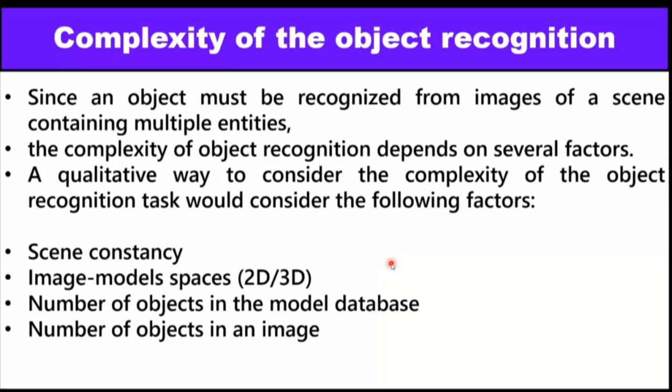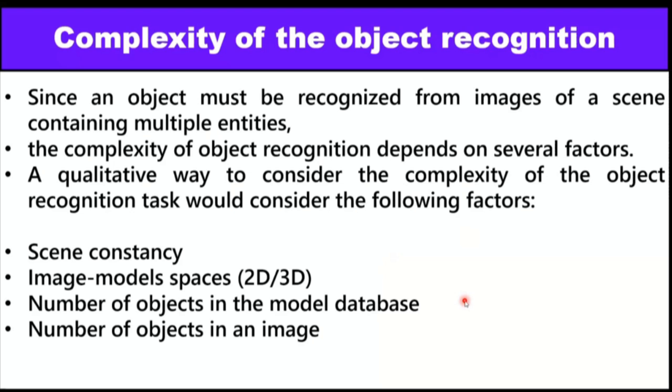Then, the number of objects in the model database. If our reference images are too many, then there is delay and accuracy will also be less. Similarly, how many features are in the image? How many things are you matching? That is also another part.